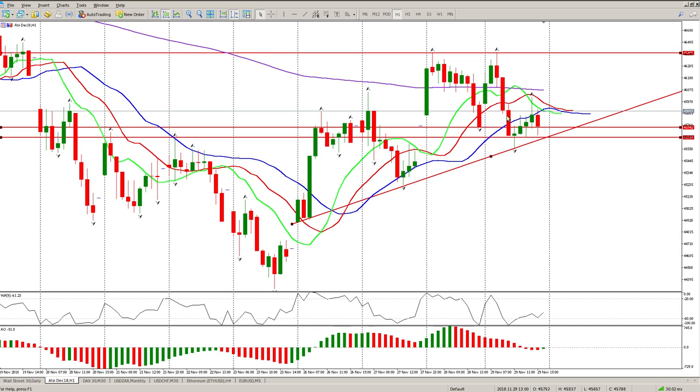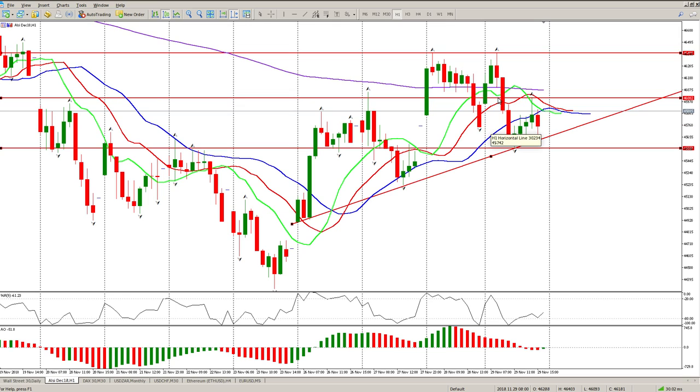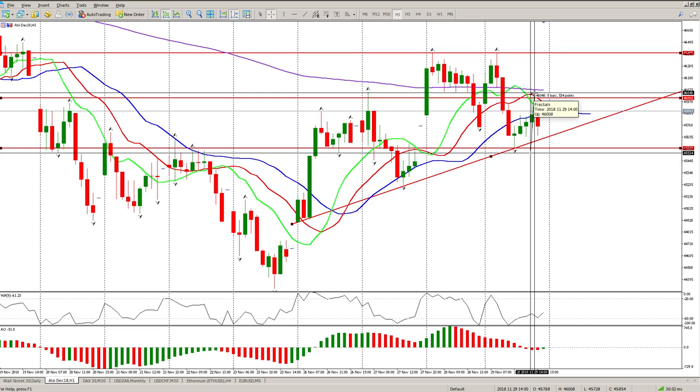We have bounced off the bottom of this trend line. So for me, what we need to look at here is a break below this fractal level here, and a stop right now is going to be above this fractal here. That's still sizable, still a 500 point stop loss.